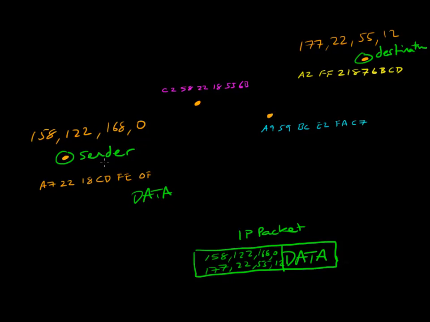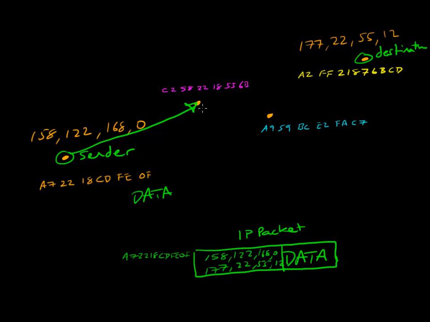And then it needs to send from this computer to this computer before it can get all the way over there. And so at that point it's going to say, I need to know what the sender and the destination is for the MAC addresses. So the sender is A72218CDFE0F.